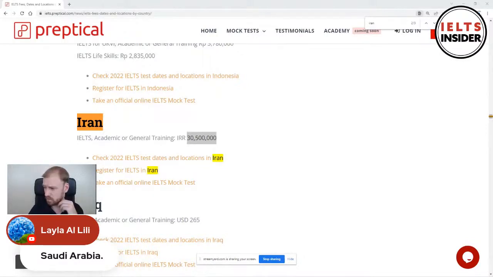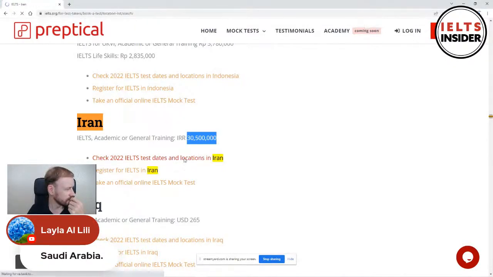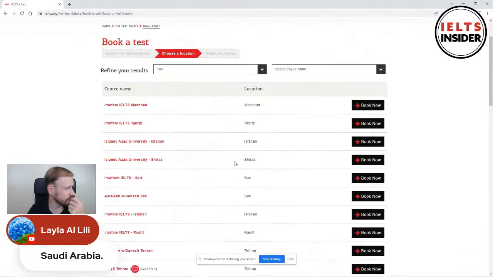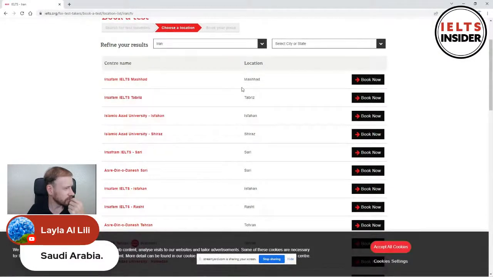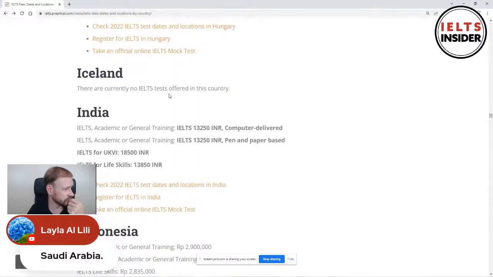So that is, ooh, it's better to go to Turkey, because this is, I don't know if I got the right number. This is $722. Let's see if there's test locations. Yeah, there's test locations in Iran, but it is expensive there. It is expensive.